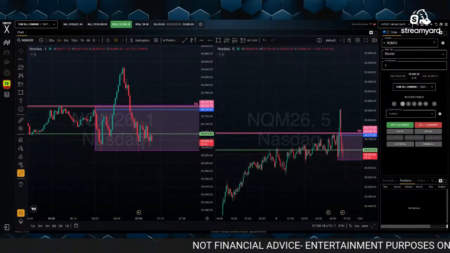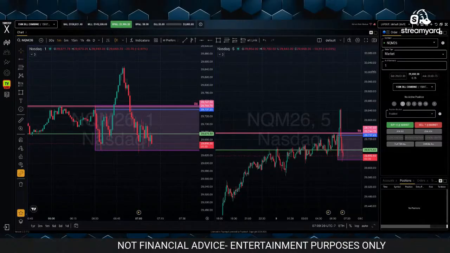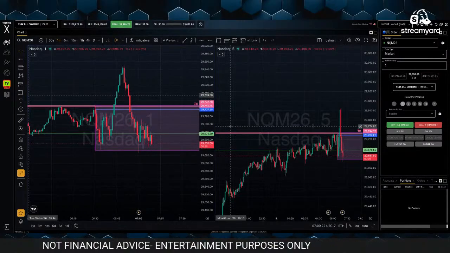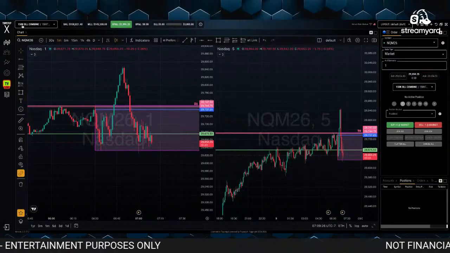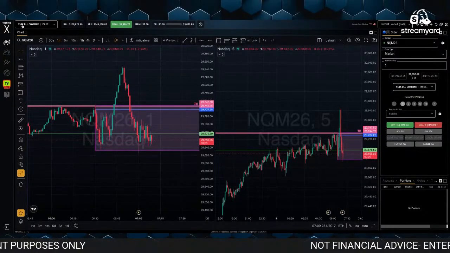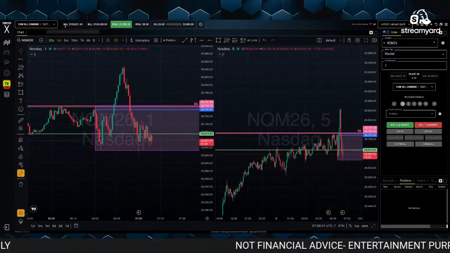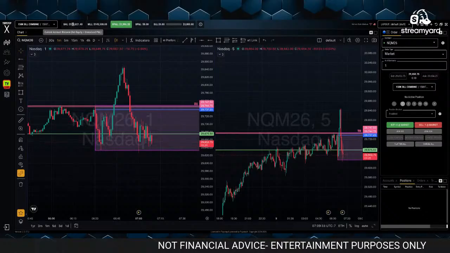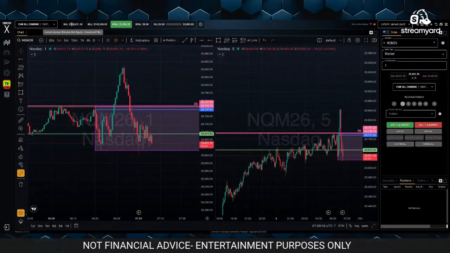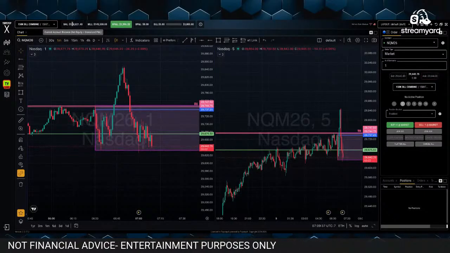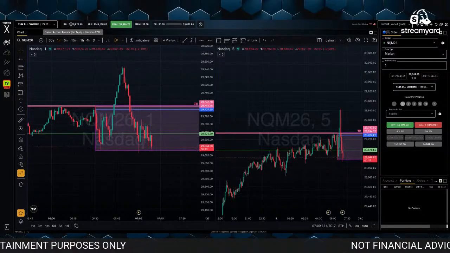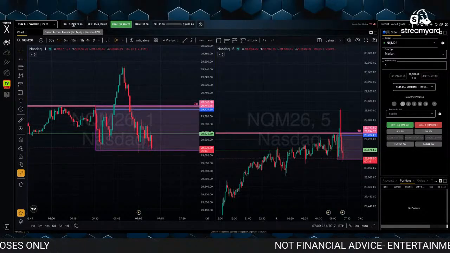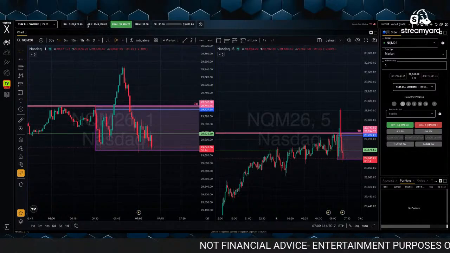So this is what I'm on right now. It's called a combine. Up here you see it says 150K. My goal for this account is to get it up to 159,000.